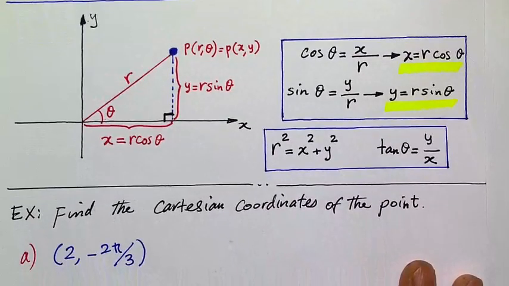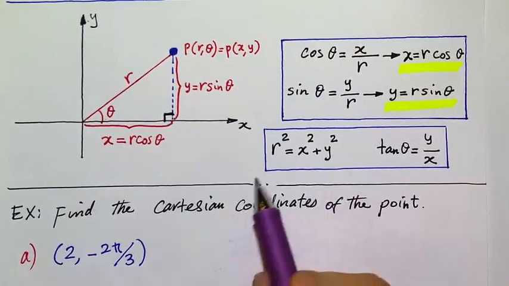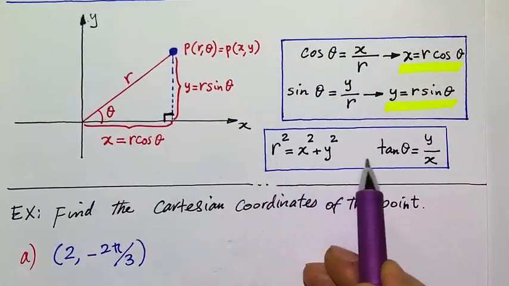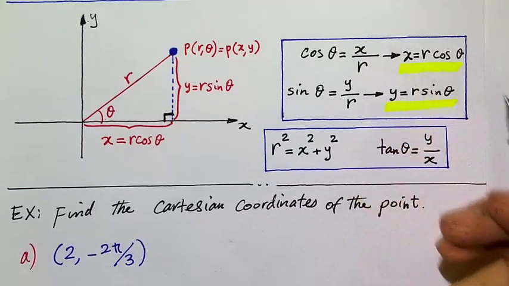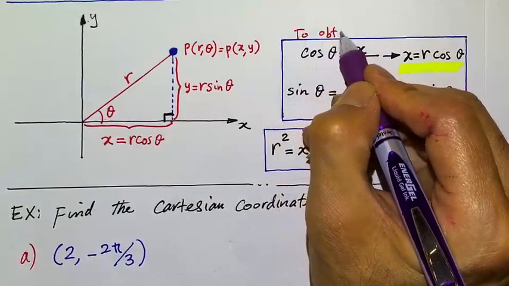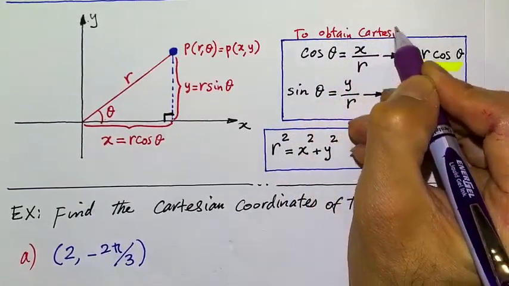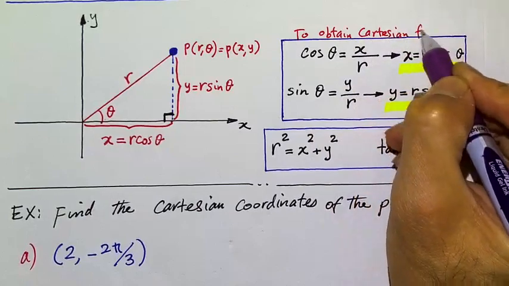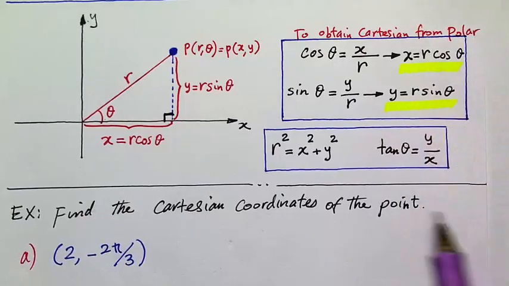Now, if we have been given Cartesian coordinates and we want to obtain polar coordinates, we use this set of formulas. So this is to obtain Cartesian coordinates from polar coordinates.